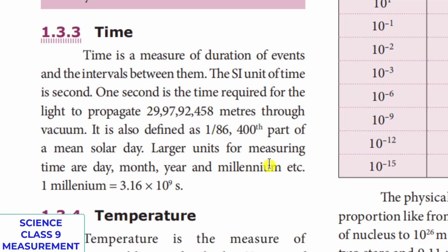The larger units for measuring time are day, month, year and millennium, etc. The value of 1 millennium is 3.16 into 10 to the power of 9 seconds.